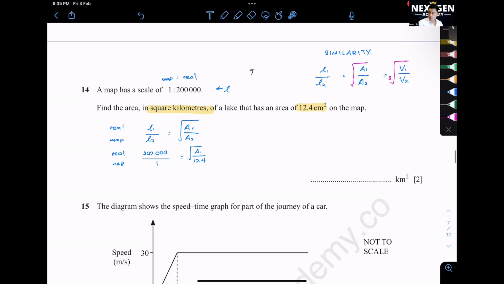Then rearrange the entire thing. So square root will become square, and then you multiply by 12.4. So this one, 200,000 square equals A1 over 12.4.